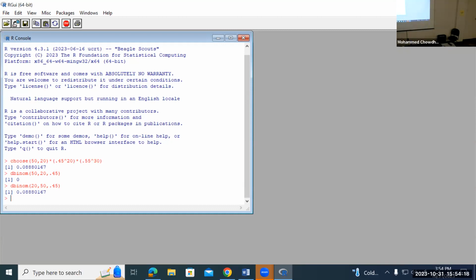Are you seeing R written there, right? R is similar to Python, understand? When you do your job search, some people are using R, some people are using Python, but they are the same. Python was developed by computer science people, R was developed by statistics people.